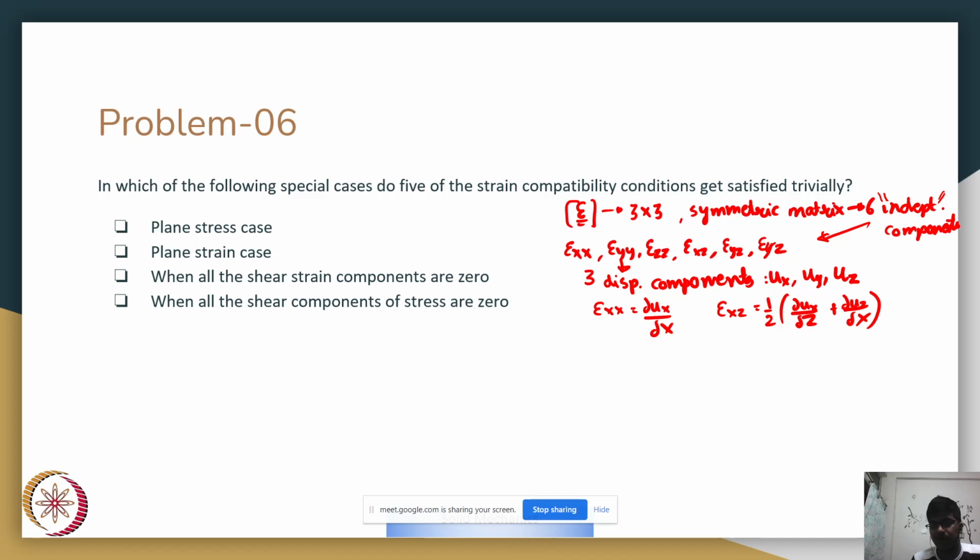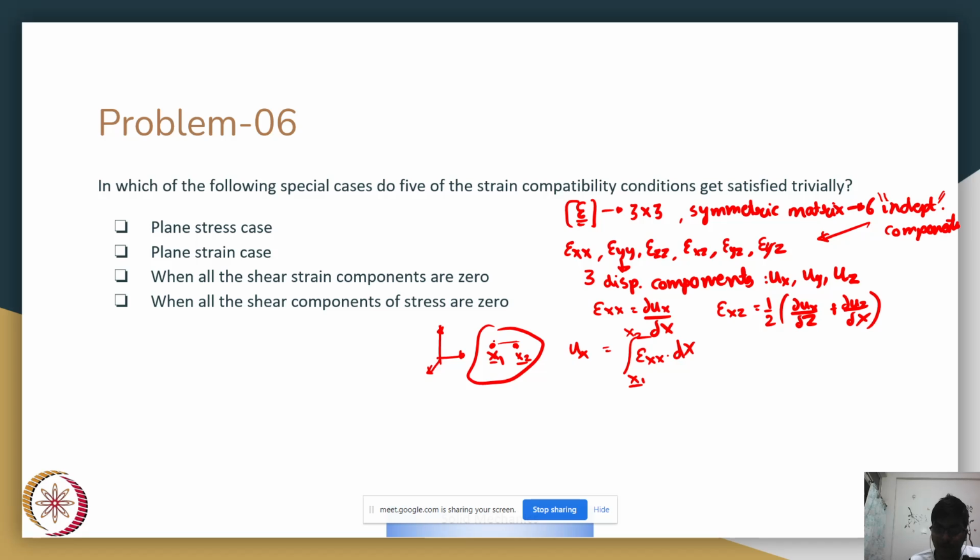Clearly, if you want to find ux between 2 points, what you could do is integrate epsilon xx dx, going from points x1 to x2. So this is one estimate of ux.